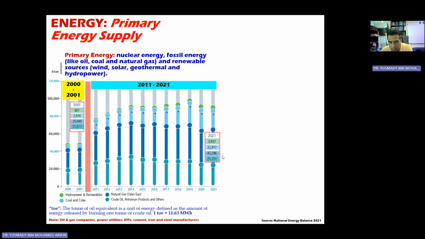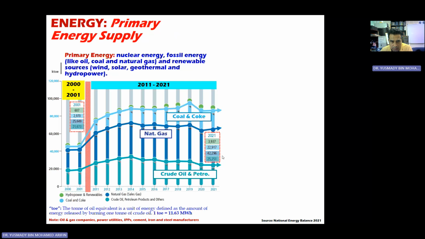So in terms of rank of energy supply in 2021, natural gas is still the most common type of energy source supplied to our country. The second one is crude oil and petroleum product, then coal and coke, and the last one is still hydropower and renewable energy source.